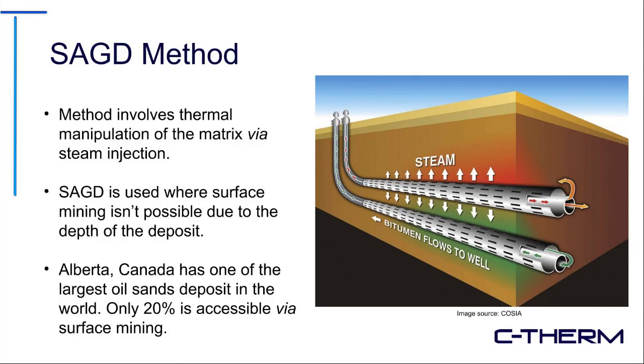Also looking at the density change related to those thermal properties, by decreasing the viscosity of the material, it's more easily separable and removable up to the surface via the other well. Typically these SAG-D methods are used where you can't access the surface for mining methods. Using the example of the oil sands in Alberta, only about 20% are accessible via surface mining. That means 80% of this valuable resource requires these processes to get the product extracted.